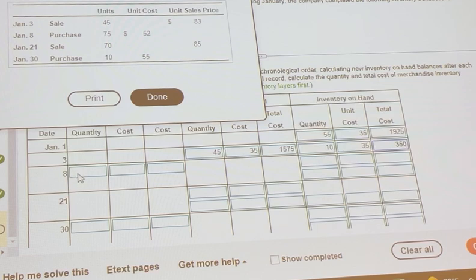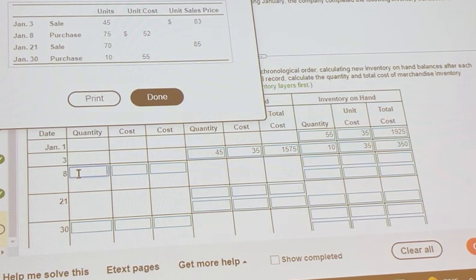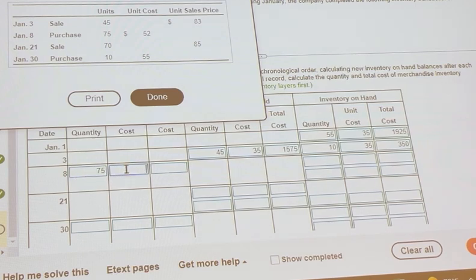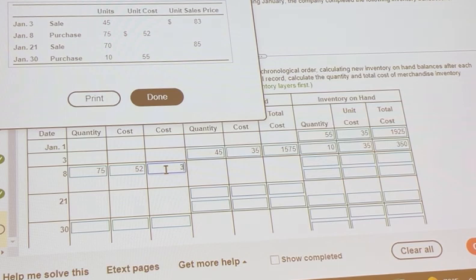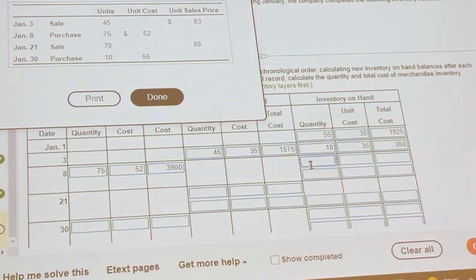Then on the 8th, we had a purchase, so 75 units at a cost of $52 each. So that would be total cost of $3,900. And so then inventory on hand, we would show 2 layers of inventory.